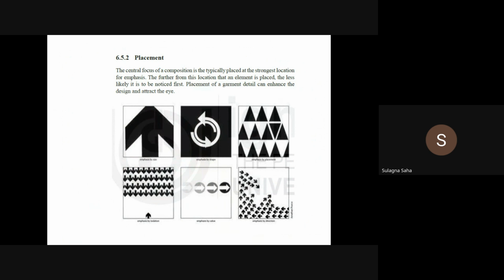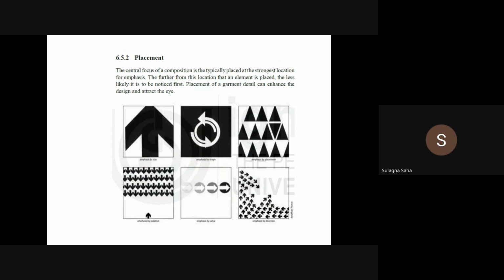So the position where the garment detail is placed in relation to each other can affect the emphasis. The most important point of emphasis when we are talking about composition is that it has to be around the center, or the dominant position. Further from the center, the less noticeable the detail tends to become.